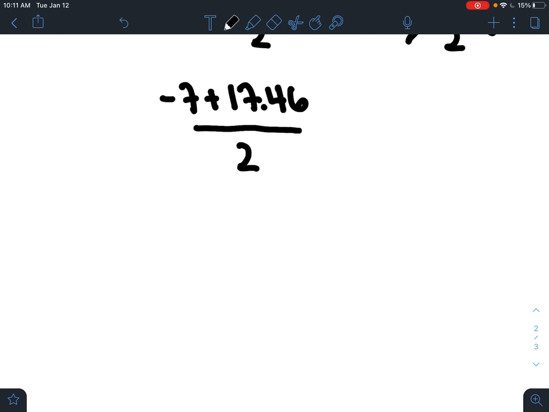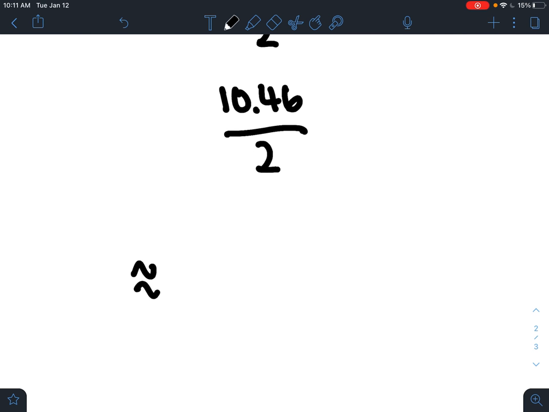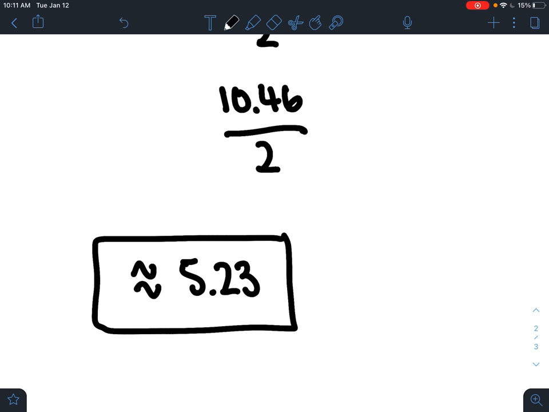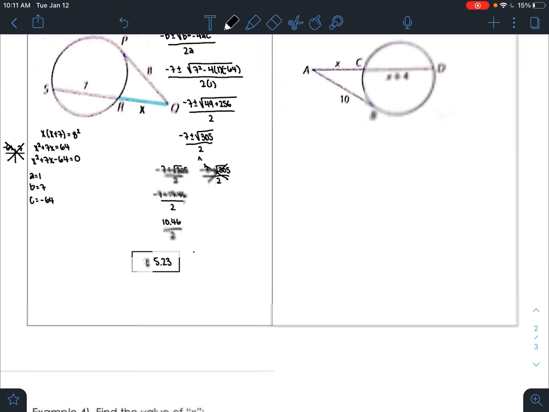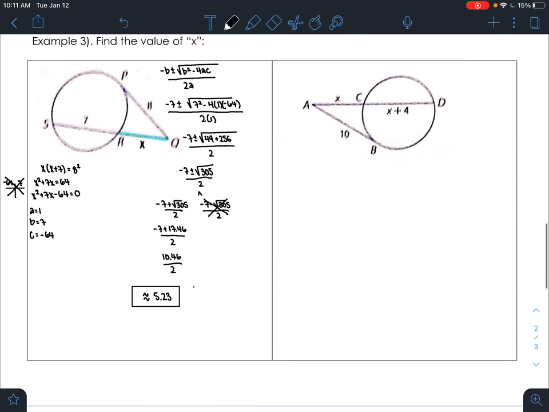Adding those two up top, I'd get 10.46 divided by 2, which gives me my final answer of approximately 5.23. So all of that work means my final answer is approximately 5.23.